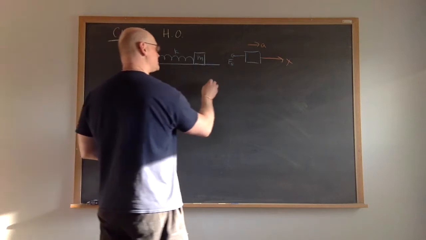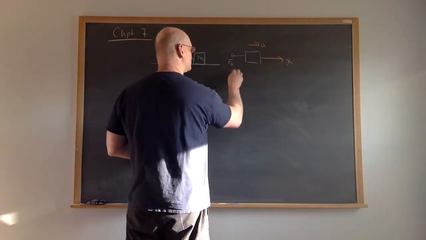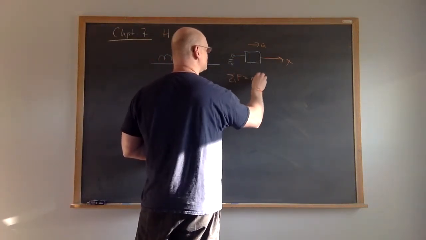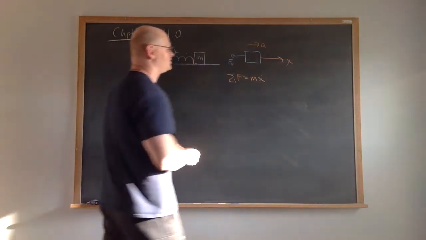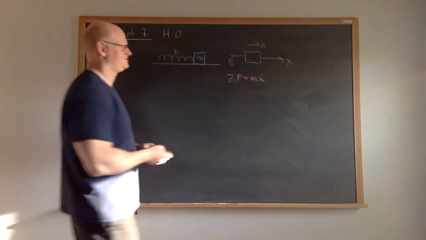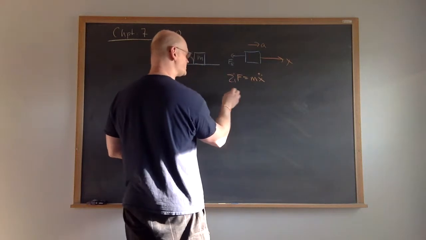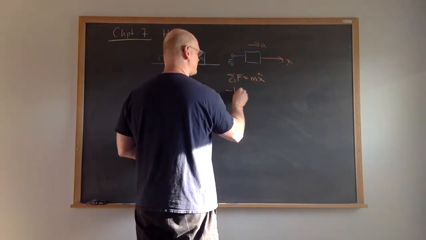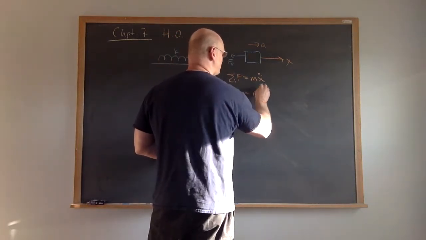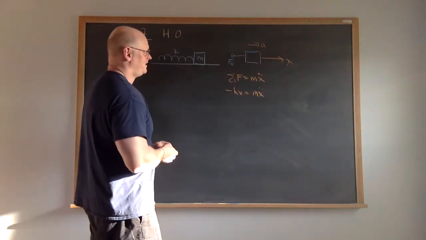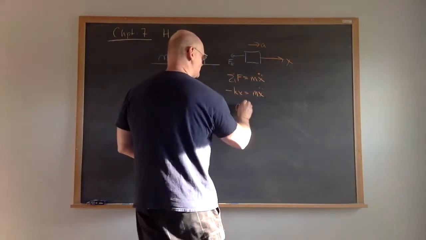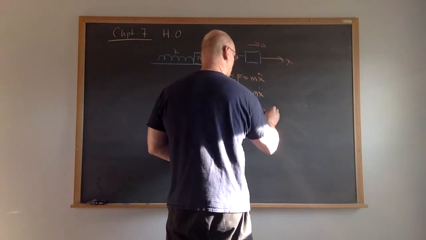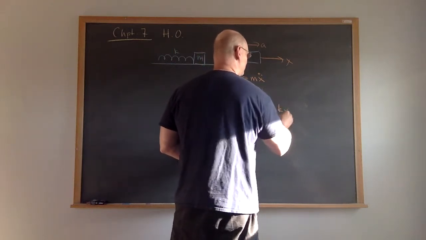Now, Newton's second law says that the sum of the forces acting on the object must be equal to the mass times the acceleration, which we know is m x double dot. The only force on this is our spring force, so we have minus k times x equal to m x double dot. Now let's add this term to this side, so we get 0 equal to m x double dot plus k times x.